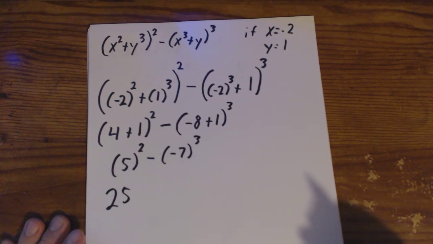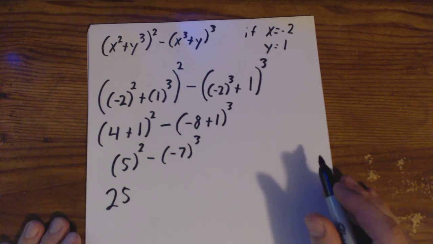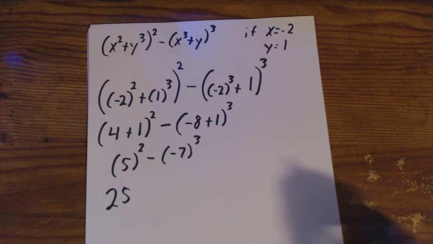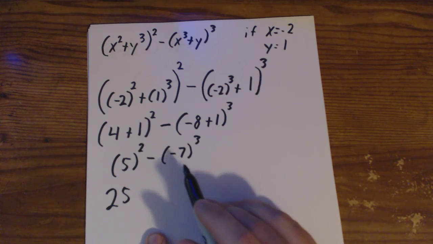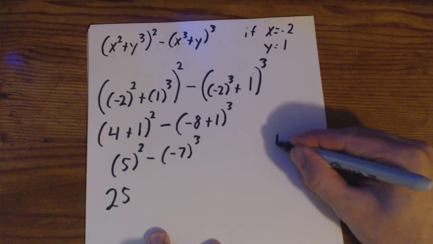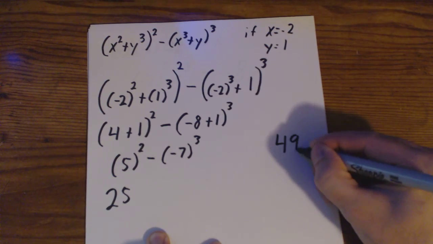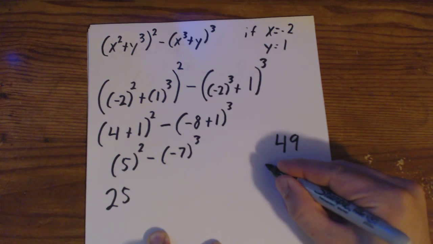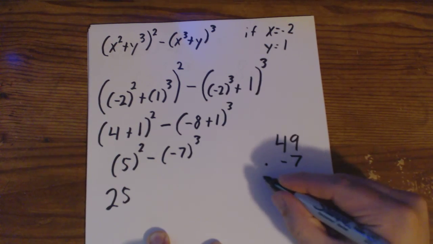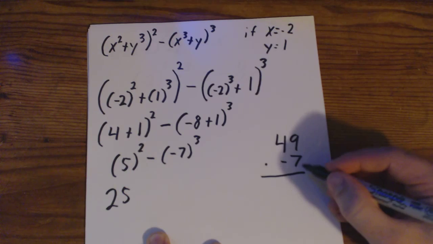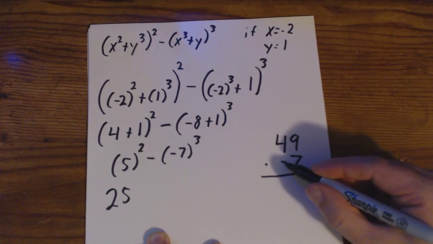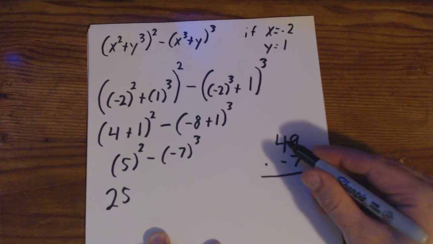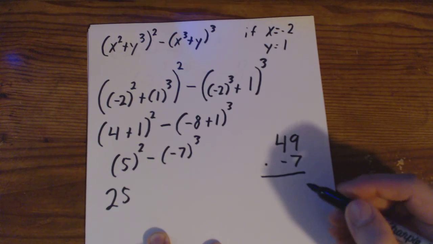-7 to the third power. That's something that maybe we'll do over here. You probably don't know this one off the top of your head. You will know -7 times -7 is 49. Now we're going to take that times a -7. So let's do our math. We'll bring this negative down. We just know when you take a positive times a negative, it's going to be negative.